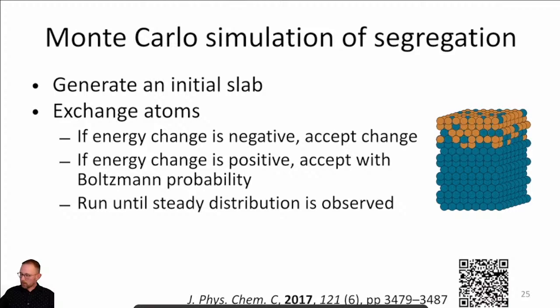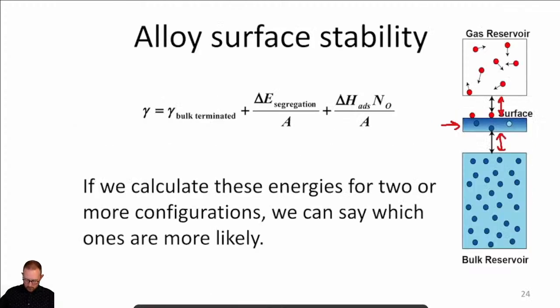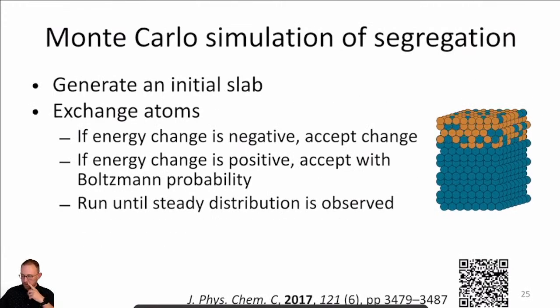What I would like to do is use Monte Carlo for this. So we would like a simulation that exchanges the atoms and allows for configurational entropy and gives us a large slab so we can get high accuracy in the calculations.